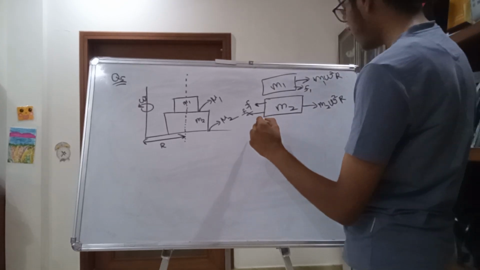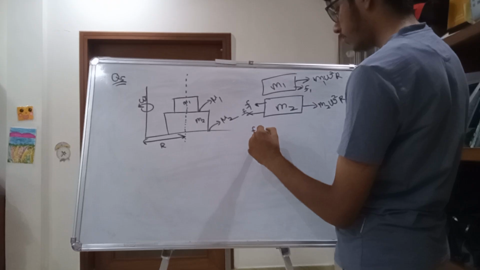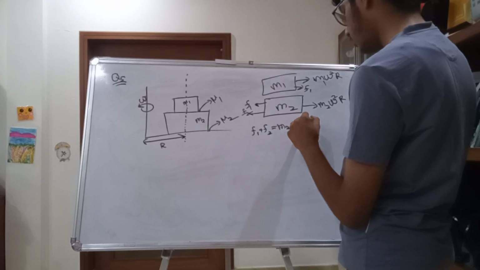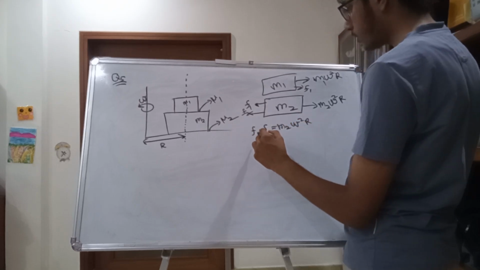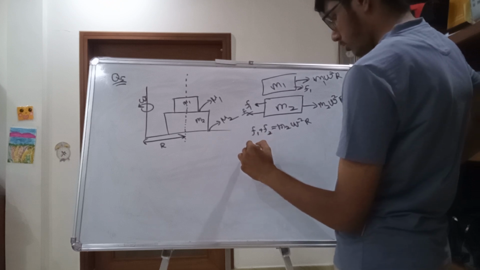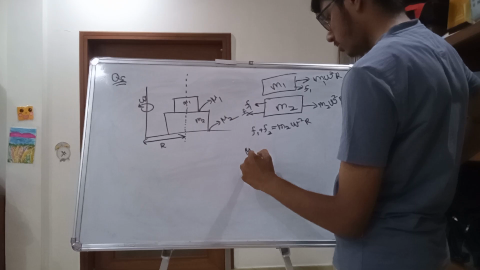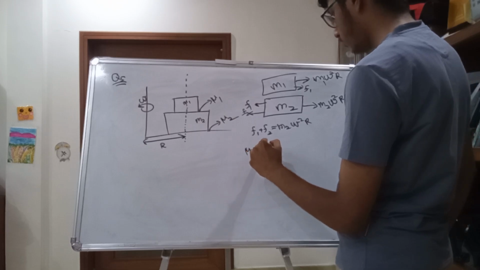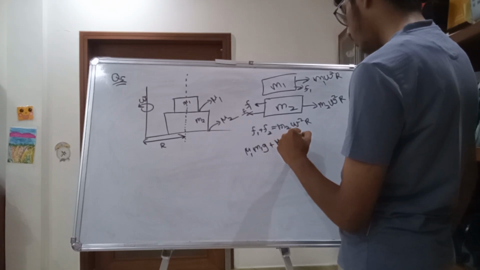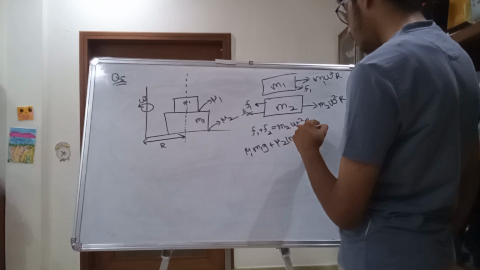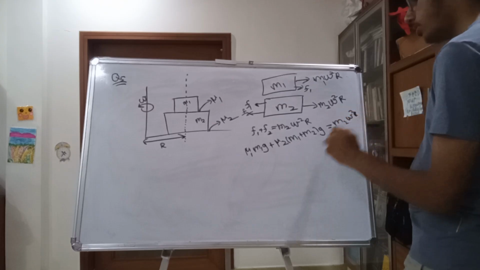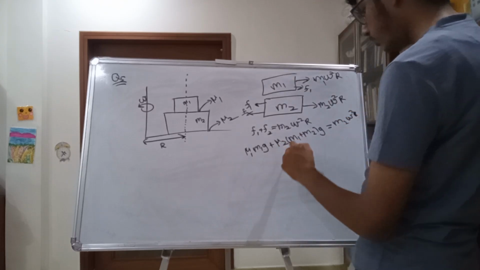So let's say F1 plus F2 equal to M2 omega square R. What is F1? F1 is mu1 times M1G plus mu2 times (M1 plus M2) into G, if I am not wrong, equal to M2 omega square R. Now can I take M1G common?